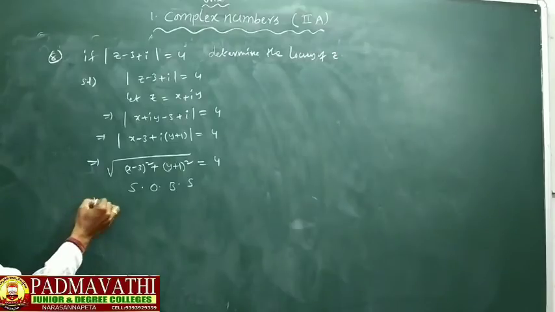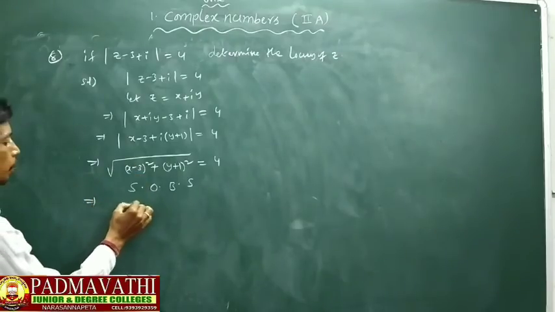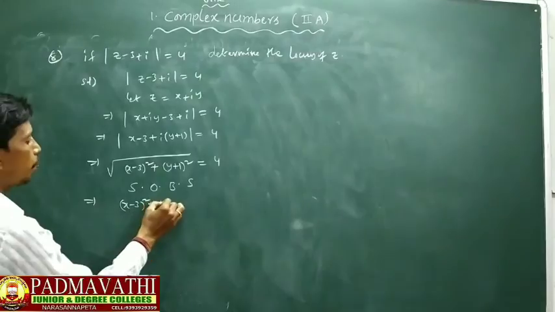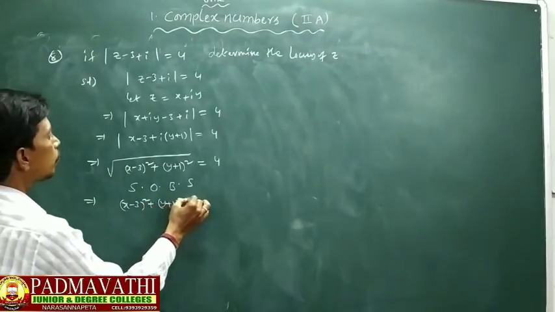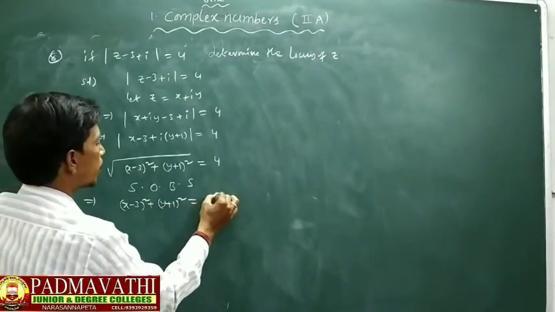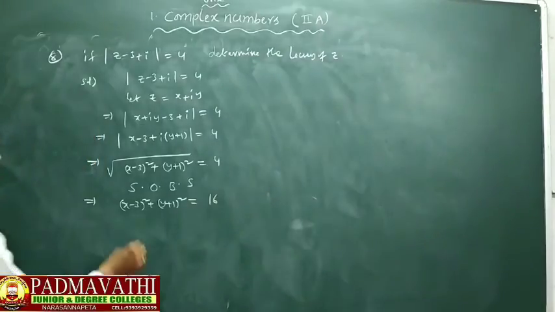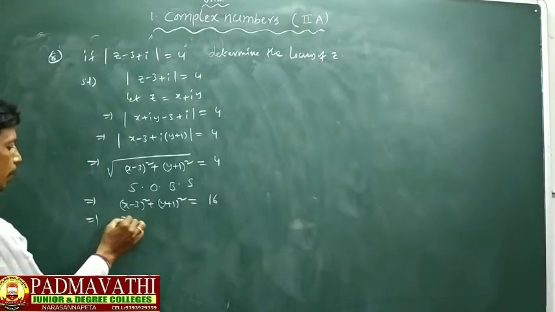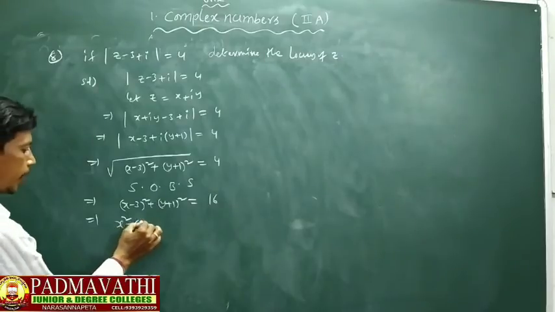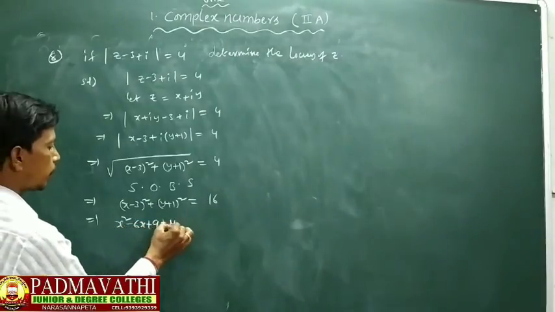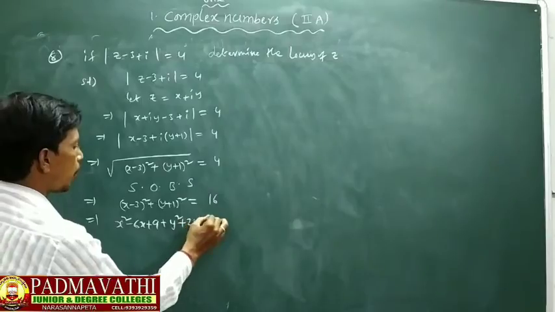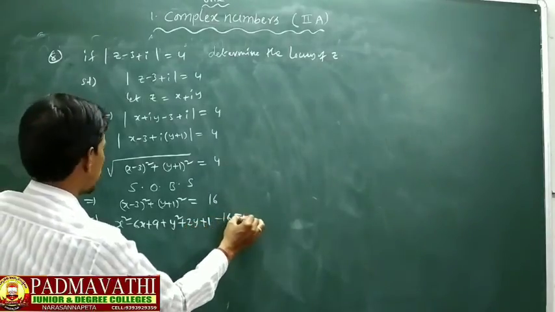That implies x² − 6x + 9 + y² + 2y + 1 − 16 = 0.